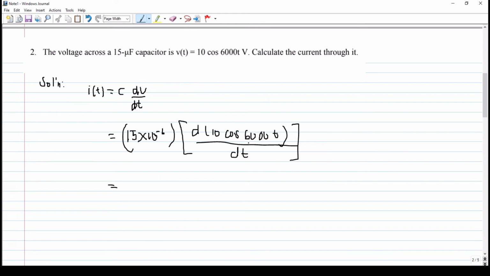So derive 10 cosine 6000 t, that is equivalent to 10 times 6000 times the derivative of cosine, that is negative sine 6000 t. Okay. So calculate.